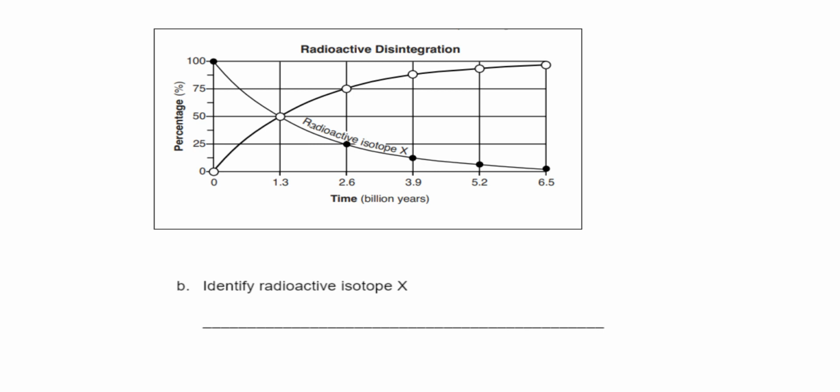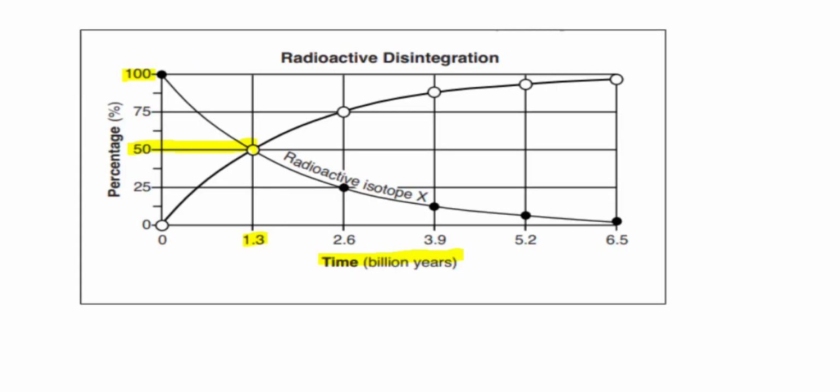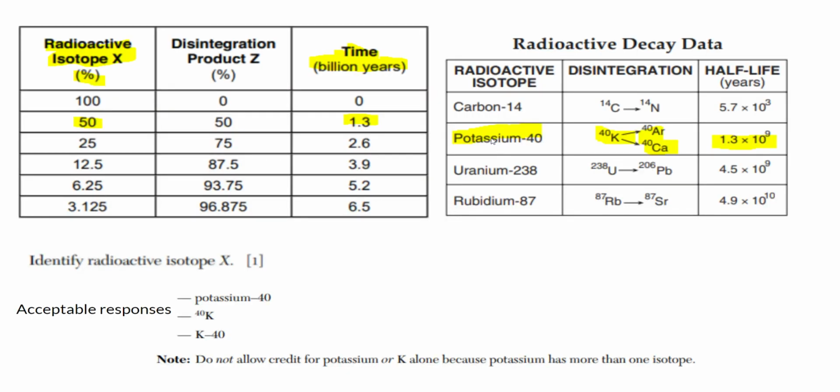So the half-life of radioactive isotope X must be 1.3 billion years. Let's go to your reference table page 1 to see which radioactive isotope has a half-life of 1.3 billion years. If you go to your reference table, you'll see that potassium 40 has a half-life of 1.3 billion years. And so my radioactive isotope X must be potassium 40.